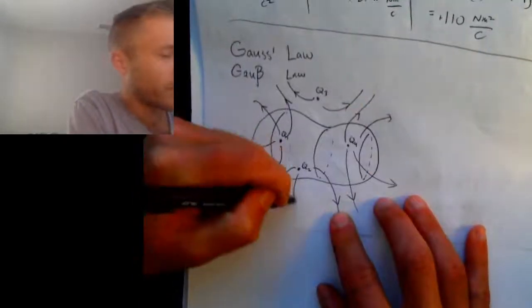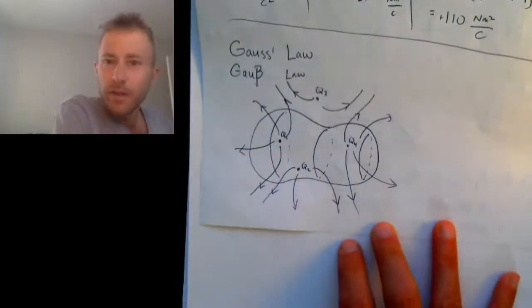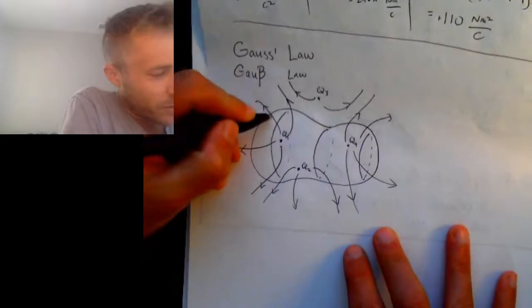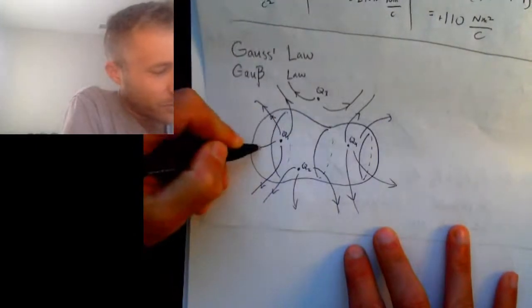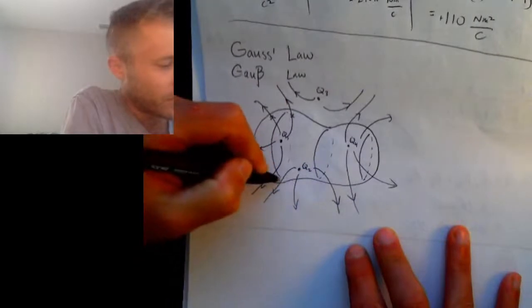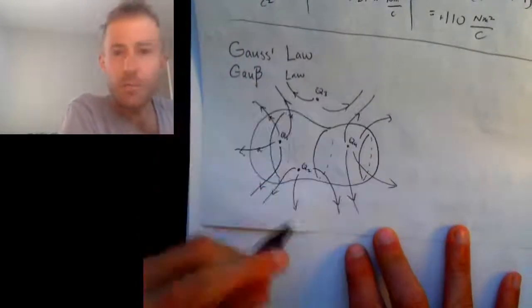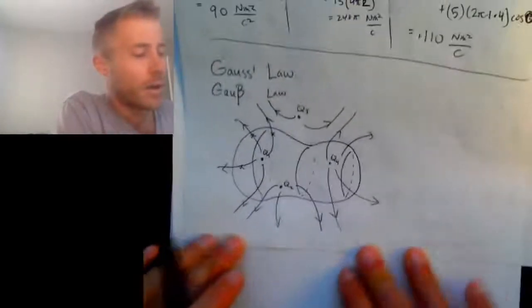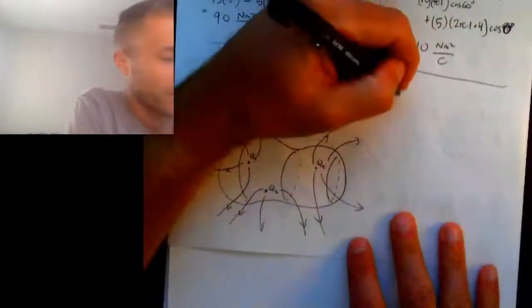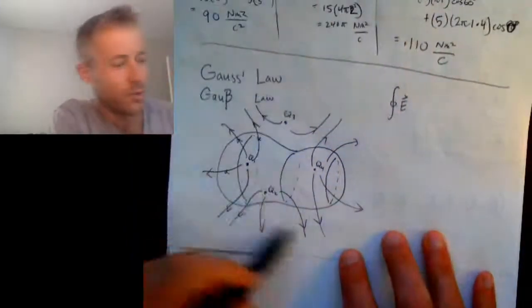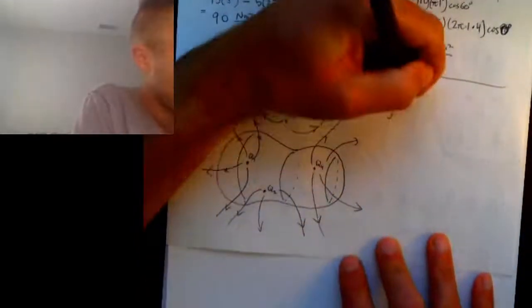Okay, so we draw our electric field lines. And what we can see is that these electric field lines are going to pass through the surface. All right, so these electric field lines are all puncturing the surface. Okay, and so what we could do is we could calculate the flux of the electric field due to these charges.